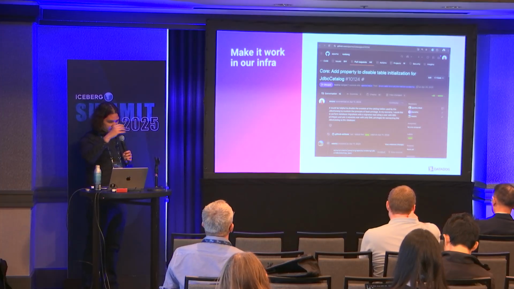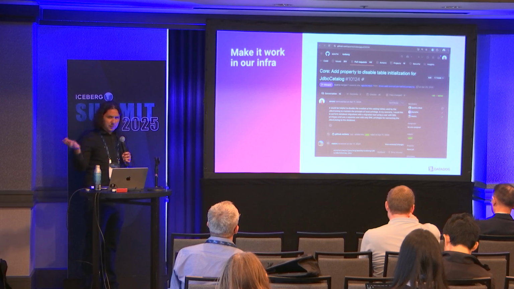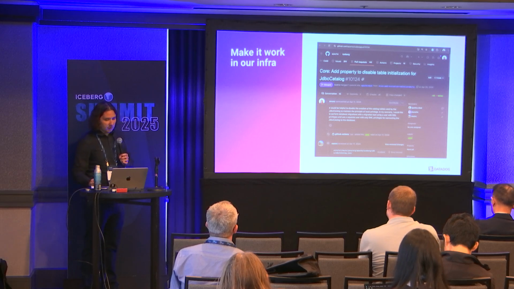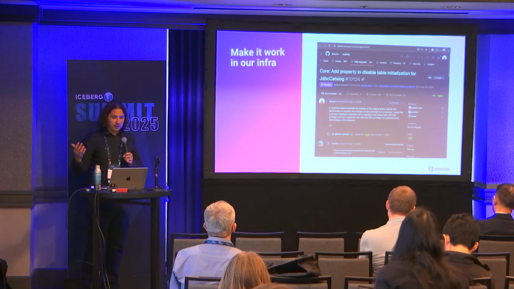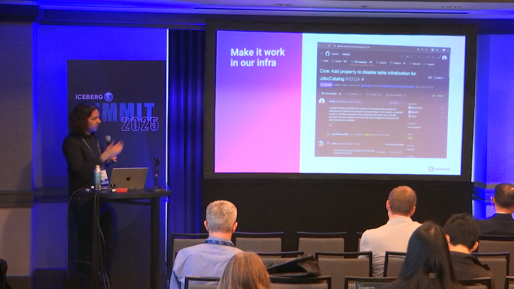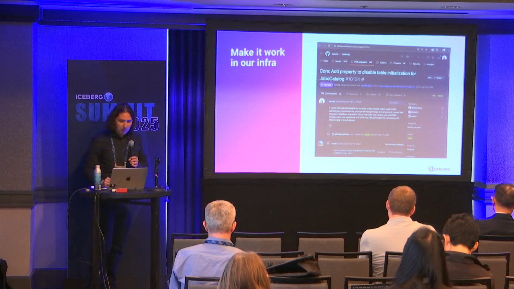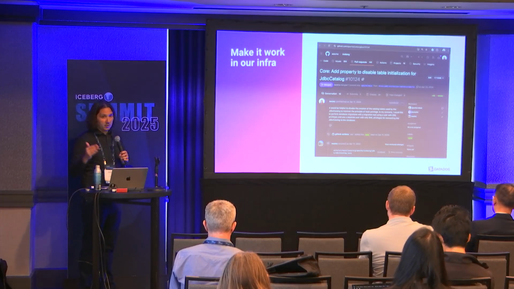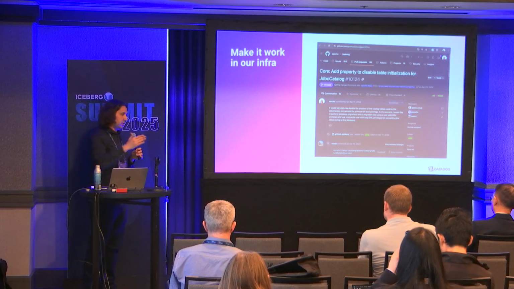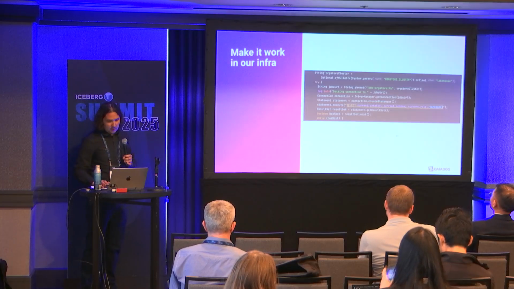So one thing was we have a specific way to handle database migrations. And by default, the JDBC catalog tries to create the tables, or initially it did. So you can disable this now. But this was a requirement for us, so the application user would not have credentials to modify the schemas.